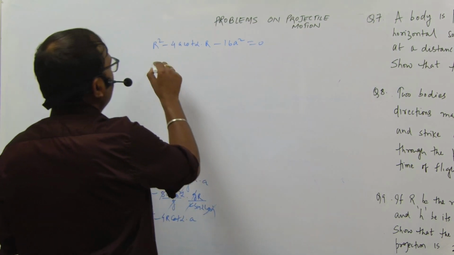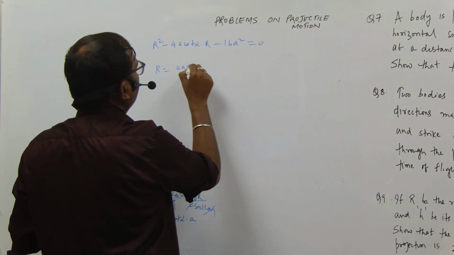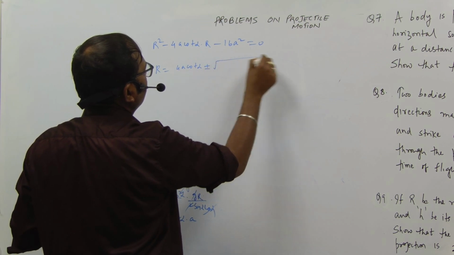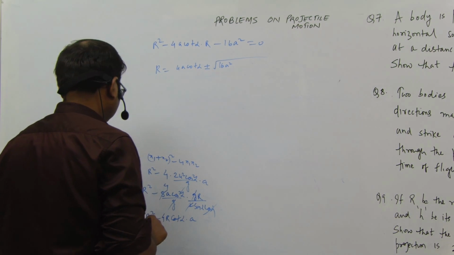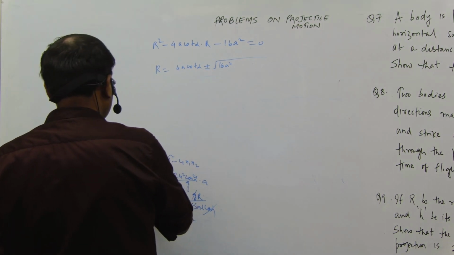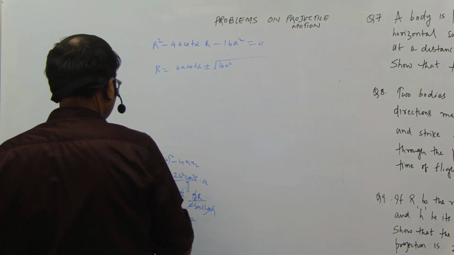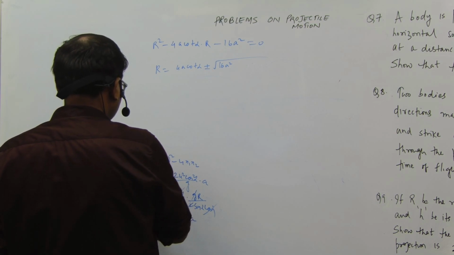So we have R is equal to 4a cot alpha plus minus root under 16a square, sorry, this is x2 minus x1 is 2a, so this is 4a square.